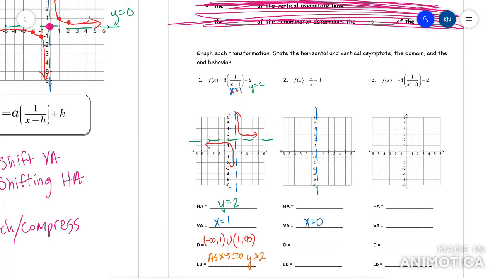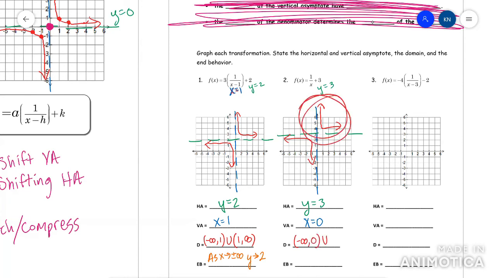Now your HA is the second one, so it shifted up 3. So y equals 3 is going to be my HA. So my line is going to look something like this. All right, and so now my HA was y equals 3. My domain, this section of line runs from negative infinity to the vertical asymptote of 0.